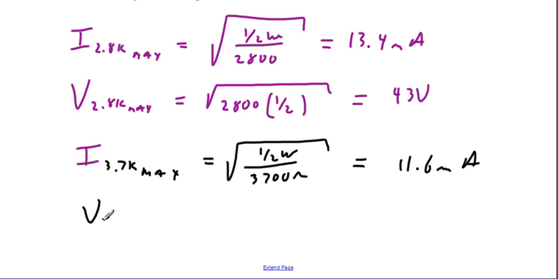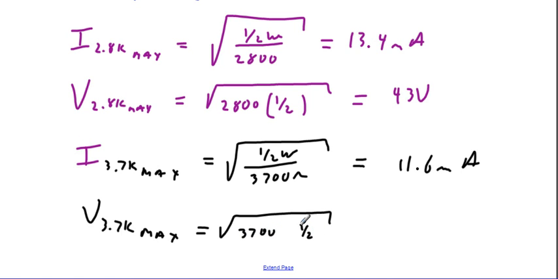The voltage across the 3.7K ohm resistor, I'm looking to make sure that that resistance value is right in the book, is equal to the square root of 3,700 times 1/2.